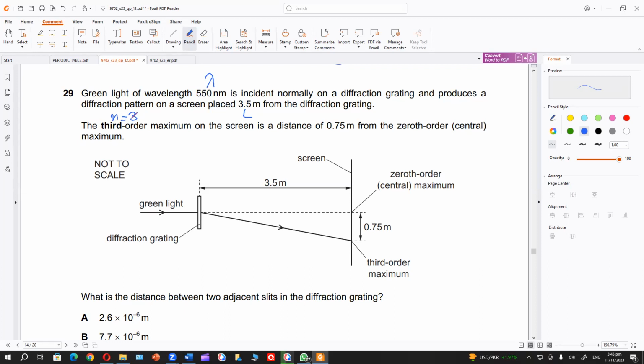The third order maximum, and he has given us some data in the line. What is the distance between two adjacent slits in the grating? The distance between two adjacent slits is D.